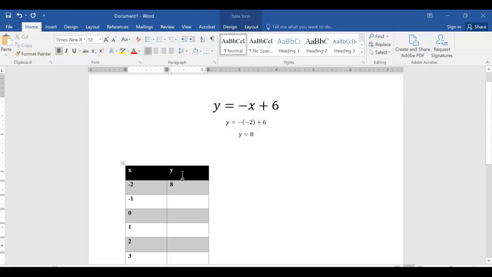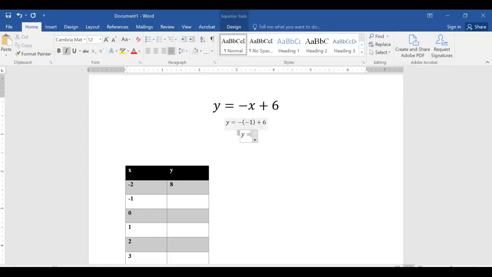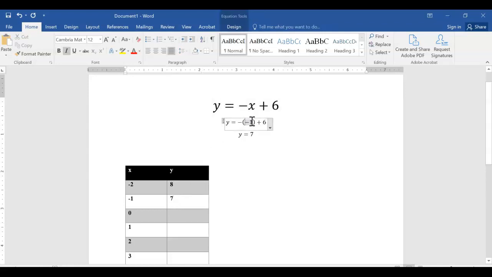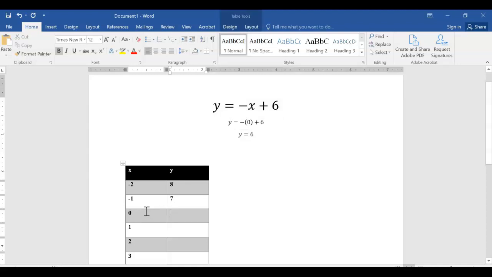I go down to -1. I plug in -1 into my equation. Y equals 7 is the answer. When you plug in 0 into the equation, y equals 6 is the answer there. Again, each time I'm just replacing the x value with the number that I've plugged in.